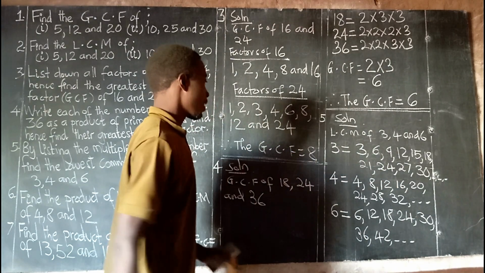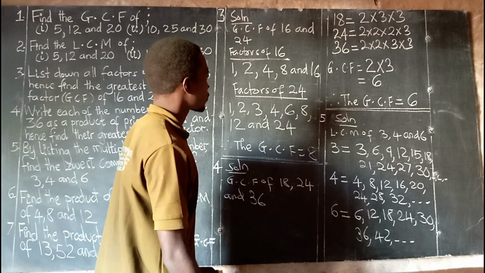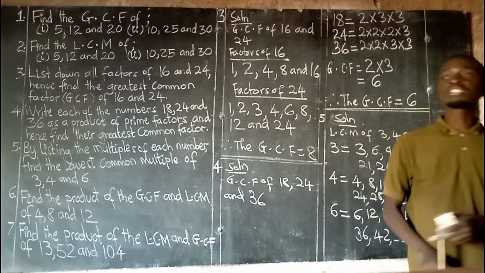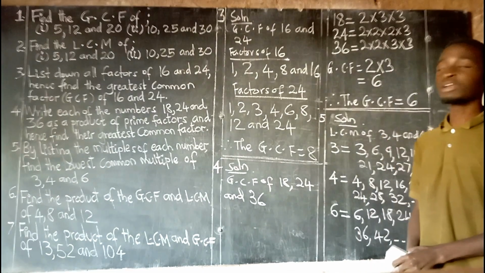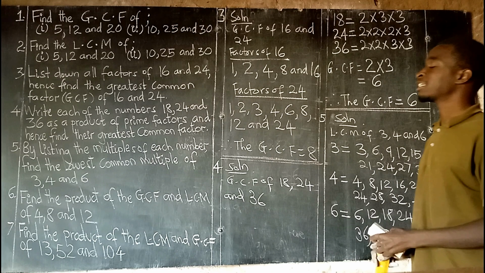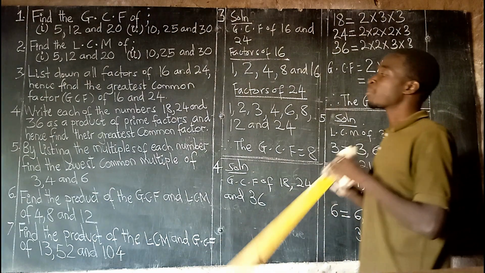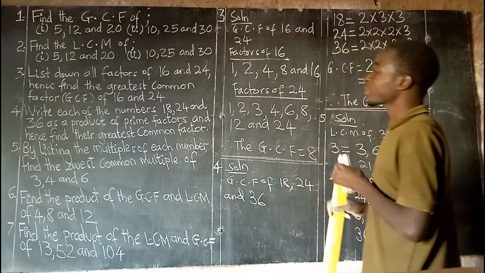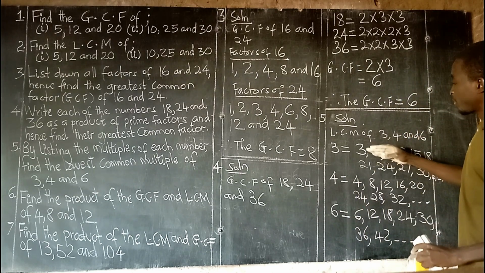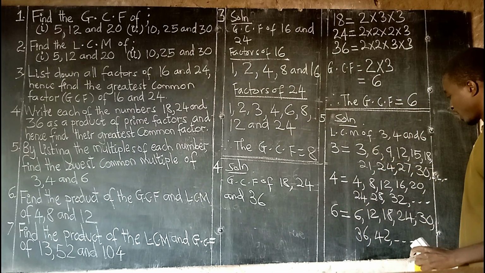As you can see. Now let us go back to our question. We are asked to find the LCM, the lowest common multiple of 3, 4, and 6 by the method of listing the multiples of each number. Now we are through with the step of listing the multiples of each number.